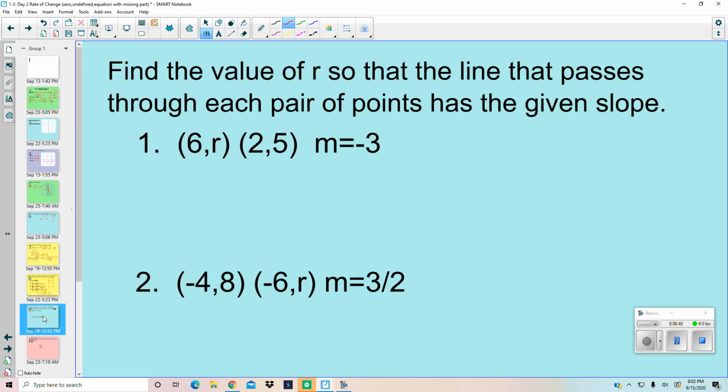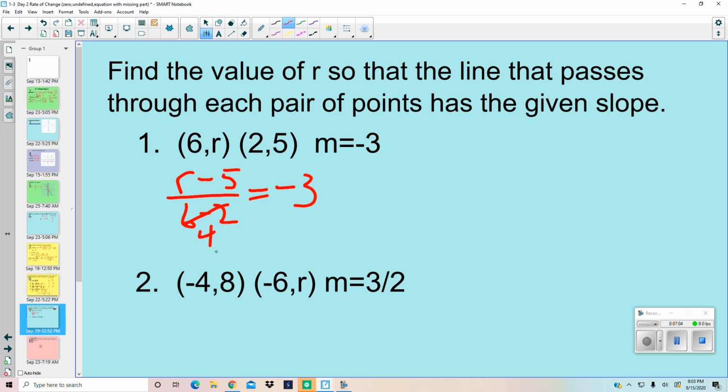So the last part of the assignment is probably the hardest part. Find the value of r so that the line that passes through each pair of points has the given slope. So if I write out the slope formula here, I would take r minus 5 over 6 minus 2 and set it equal to the slope, which is -3. If I simplify here, I'm going to get a 4.